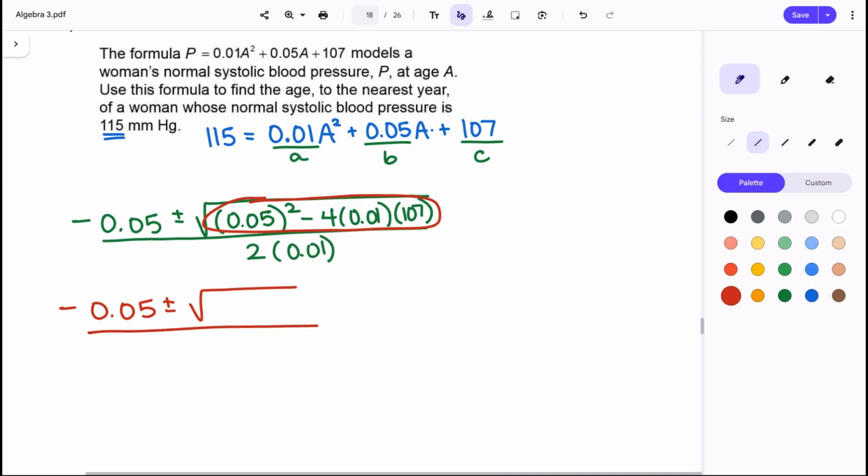We made a mistake. We have to back this up a second. Don't erase everything. We just have to fix one number. When we're trying to solve a quadratic, it should equal 0. Not 150. Not 115. So let's move that 115 over.